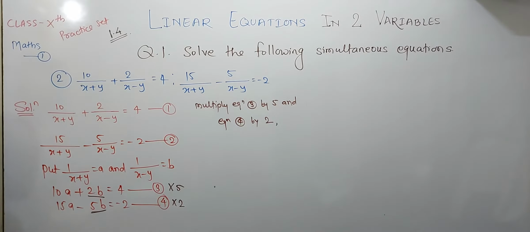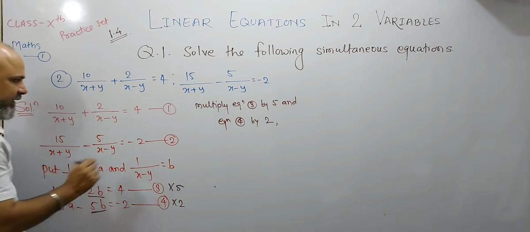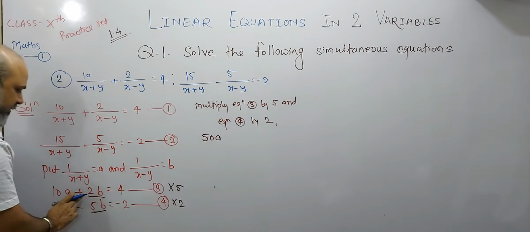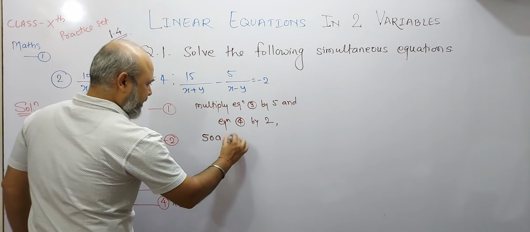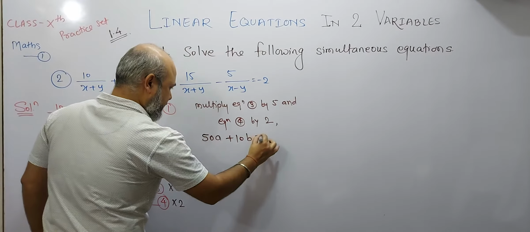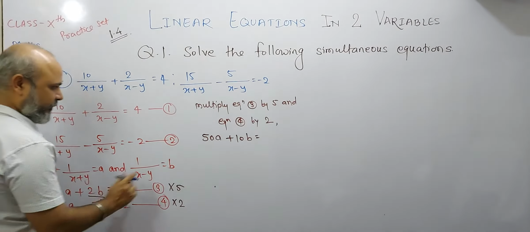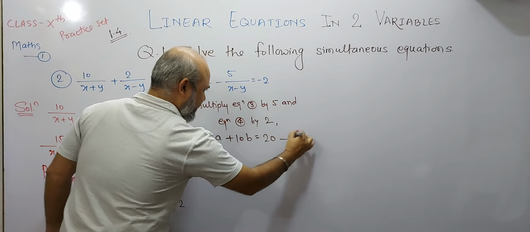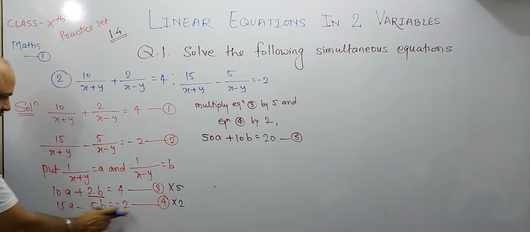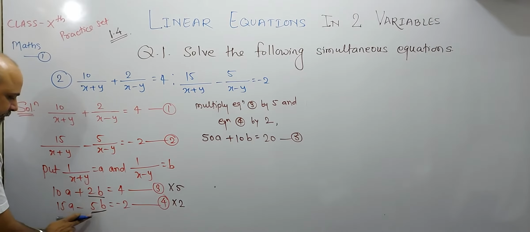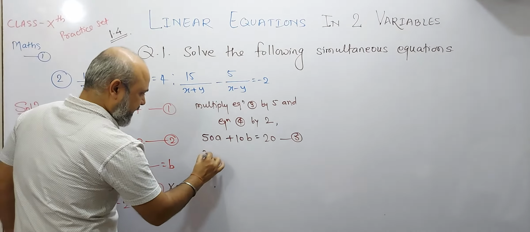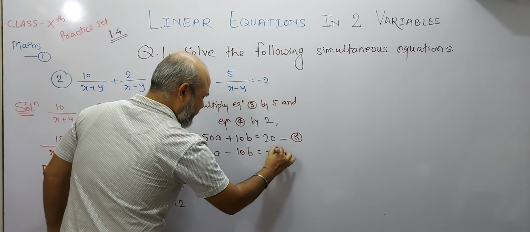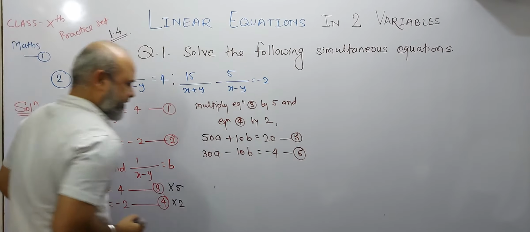So you will get 50a plus 10b, and this is equal to 5 4s are 20. This will be equation number 5. And this will be, multiply by 2, so 30a minus 10b is equal to minus 4. This will be equation number 6.